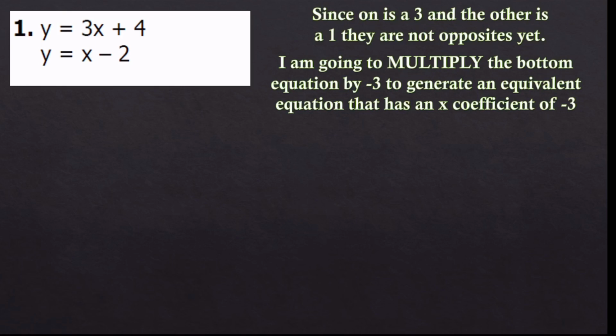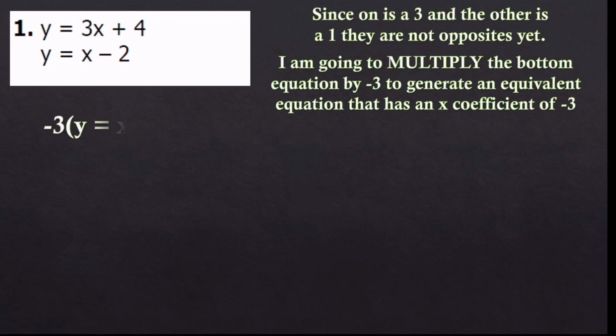Well, the whole point is that I create an equivalent equation where the coefficient of x is the opposite of the other one. So since my first equation was a positive 3x, if I multiply everything on the bottom by a negative 3, I now have opposite coefficients.